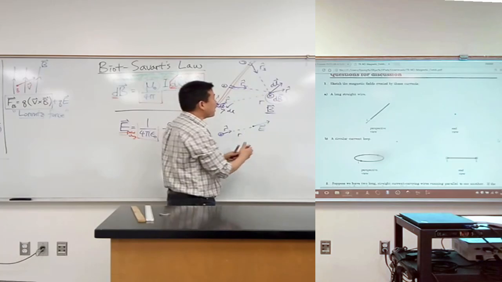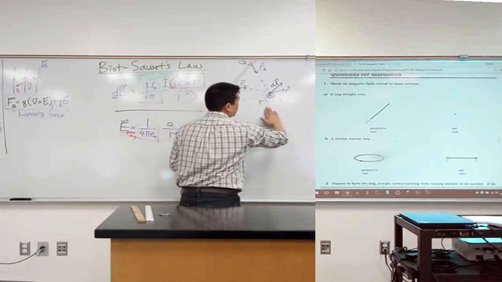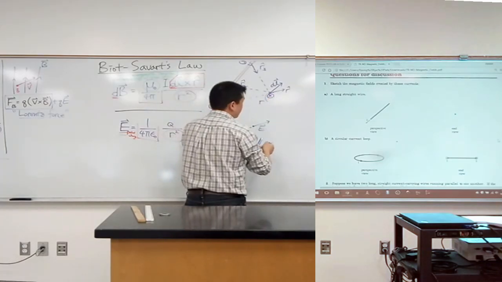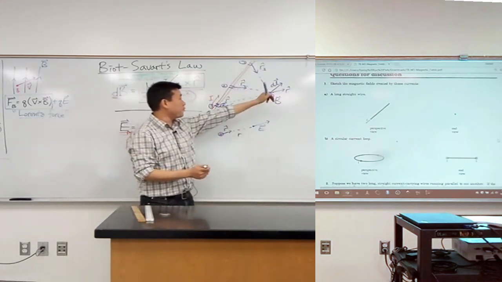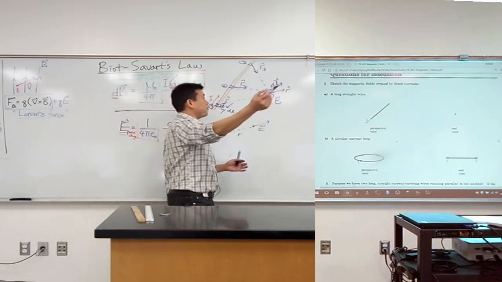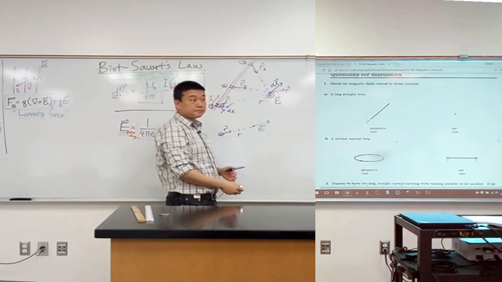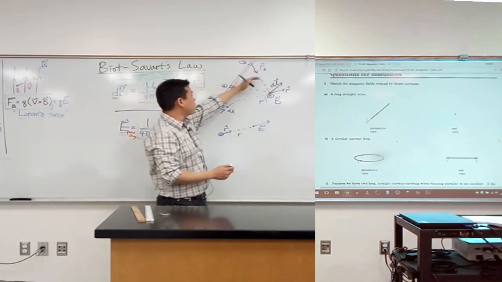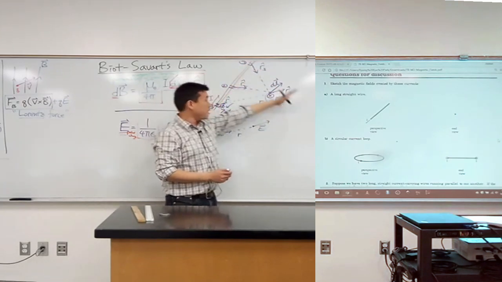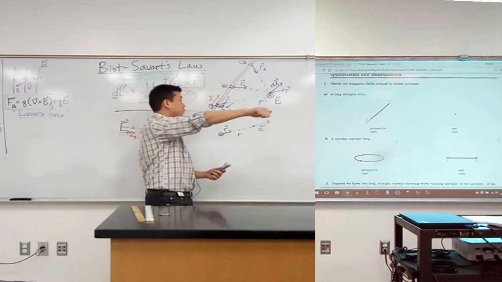When you add it all up, this direction is going to end up being the direction of the overall magnetic field. So at this particular point in space, the magnetic field is pointing into the board. If you try this exercise with any of the other points on this side of the wire, you will get the same answer. Magnetic field is pointing into the board.